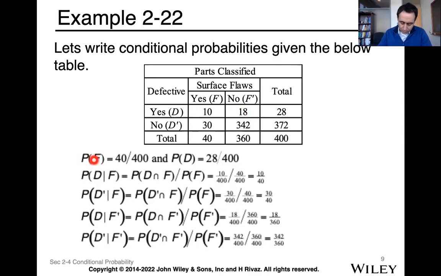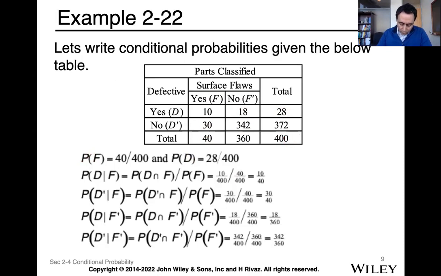So for example, probability of surface flaw is 40 divided by the total number. Probability of defective is 28 divided by total number, 400.